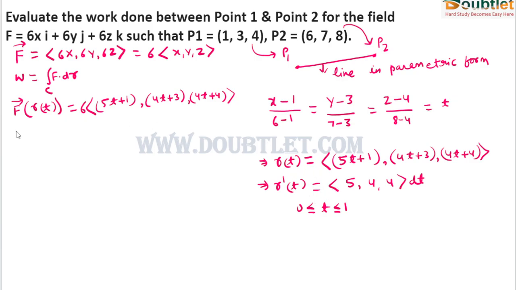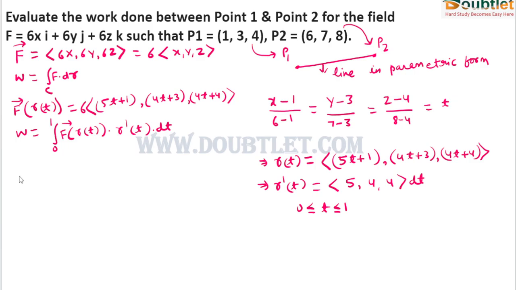Now this is the force field vector in parametric form, and this is the equation of the line. Then we know that work done is equal to the integral from 0 to 1 of F(r(t)), this force field vector, dot r'(t) dt.